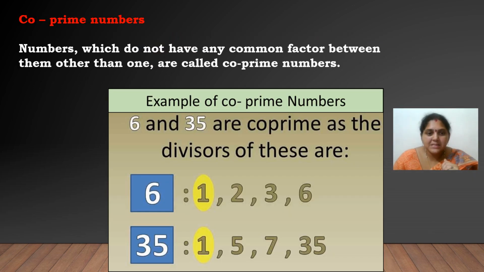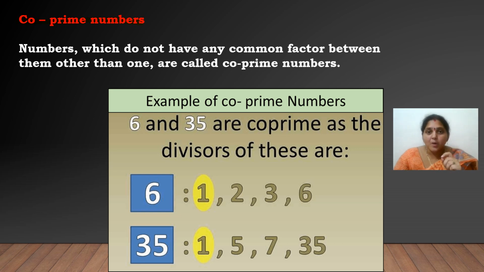Now we will see what co-prime numbers are. Numbers which do not have any common factor between them other than 1 are called co-prime numbers.